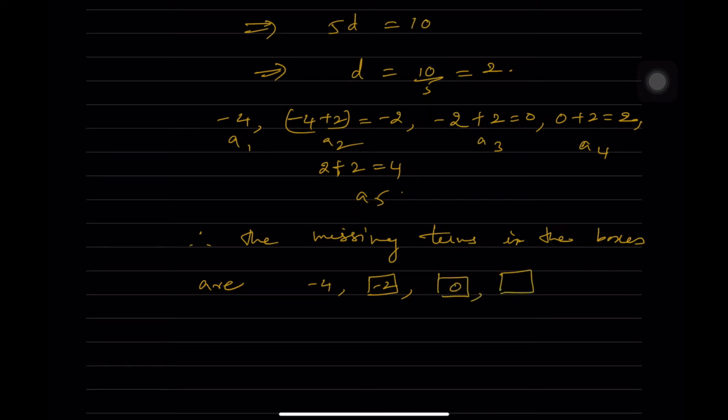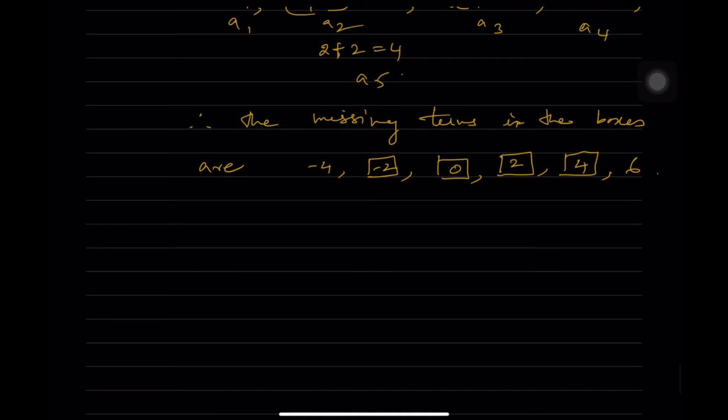Then you're having A4, which is 2. Then you're having A5, which is equal to 4. And then this is 6. That's given to us. So these are the answers which are there in the boxes. Then going into the fifth one. What is the fifth one? We'll see.